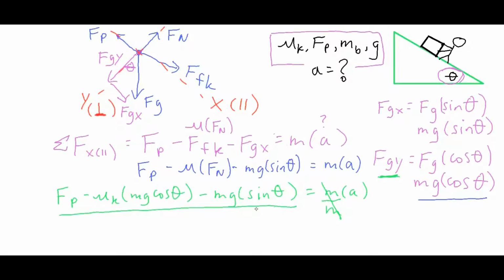So take this entire thing and put it over m. So double check. I have everything in terms of Fp. I got that in the beginning. Mu sub k, it's in there once. And then I have my mass and my g. I can put the little subscript b next to the m's for just mass of the box. Either way, it's the same thing.